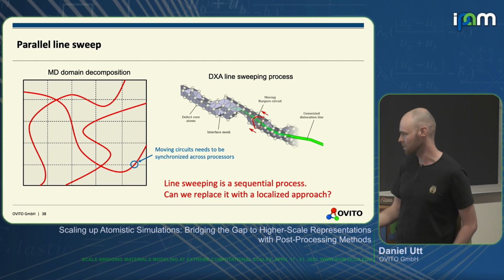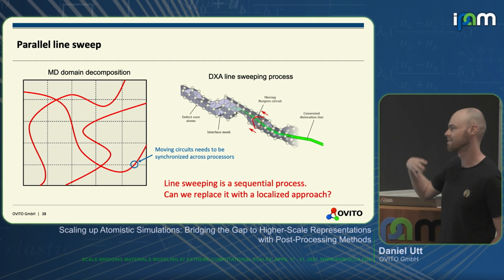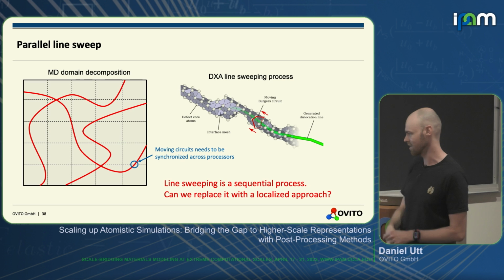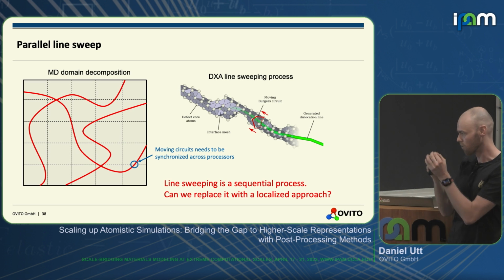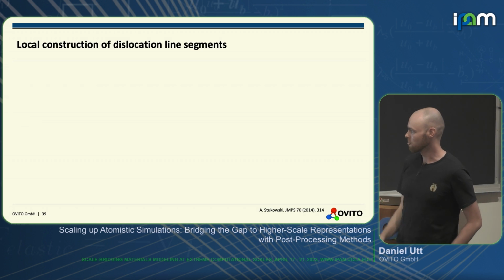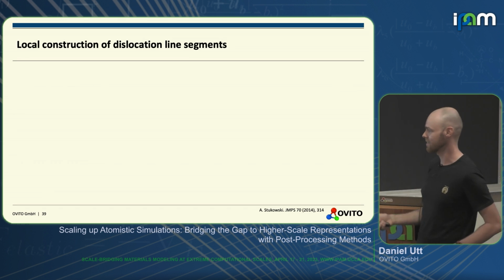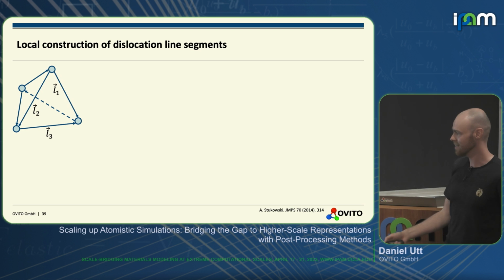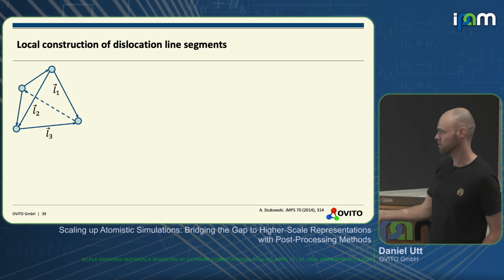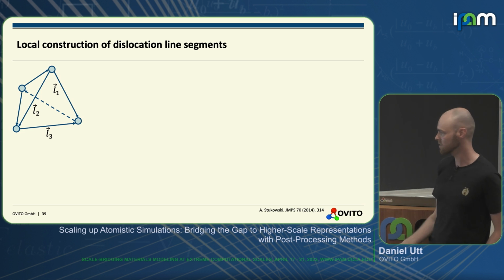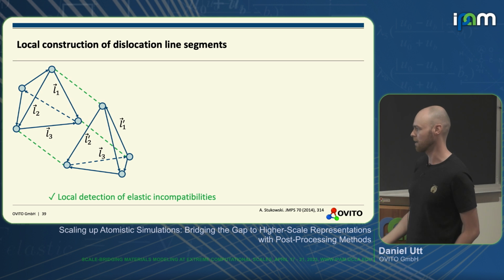So for now, line sweeping is a sequential process that needs to be replaced with something that doesn't rely on these very, very long connected dislocation lines, and this is a localized approach. Here's our idea to construct a local dislocation line segment. Basically, you start off with your Delaunay element, and you again map the ideal crystal lattice vectors to its sides, and you then compare it to your neighbor.